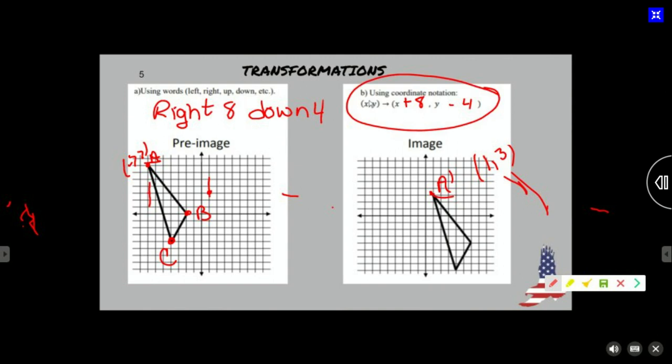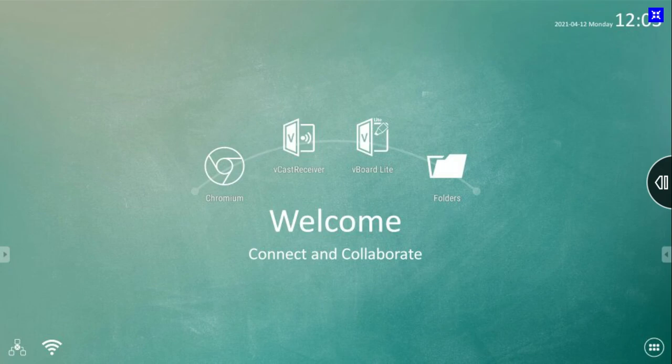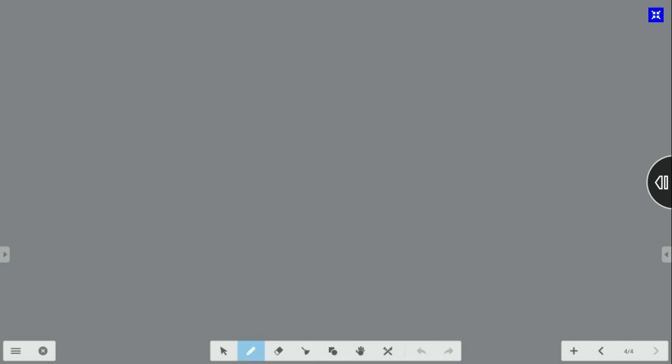All right, let's look at your homework. Now 1 through 4, you don't even have to deal with coordinates. On 1, I have translation 1 unit left.